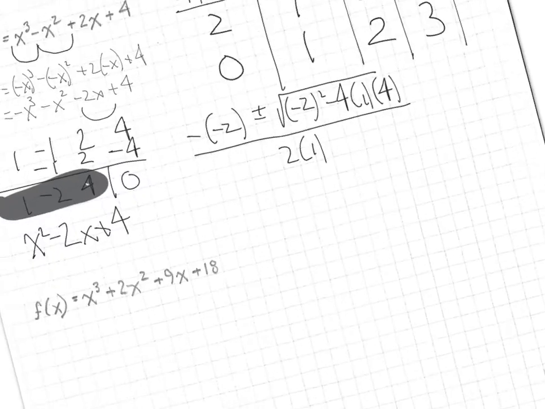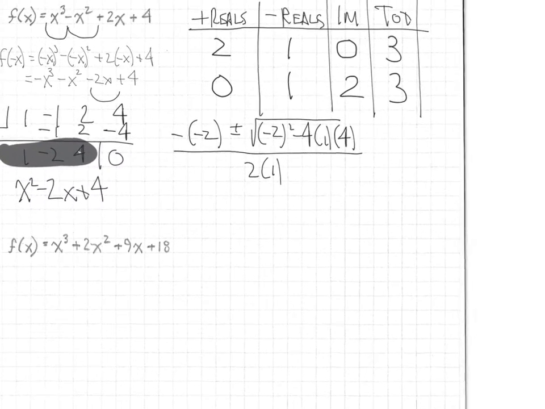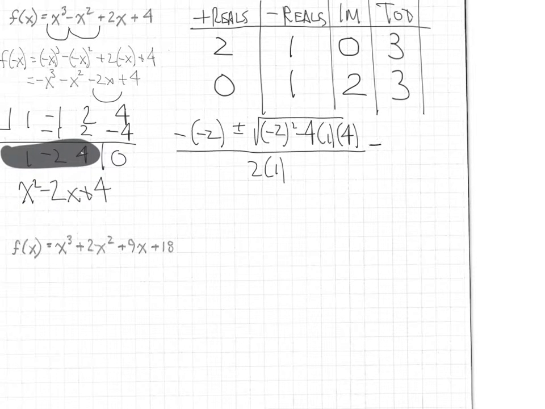Okay. Let's simplify this. This equals 2 plus or minus the square root of negative 12, all over 2.